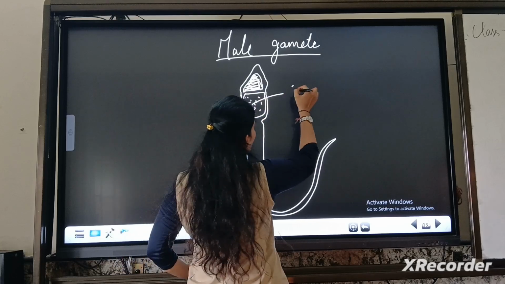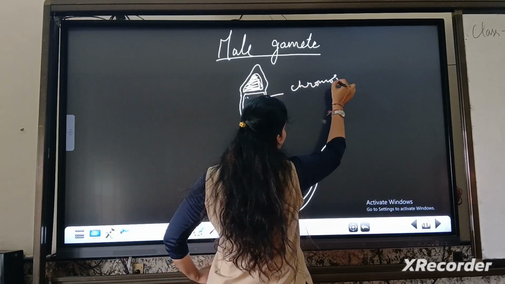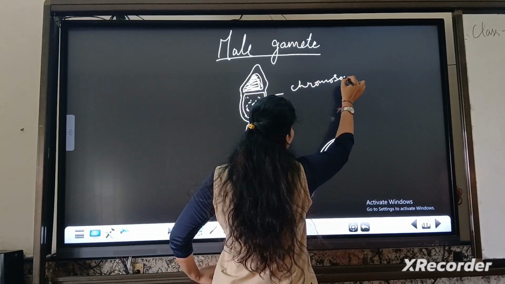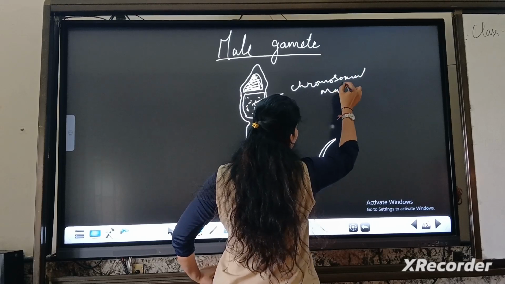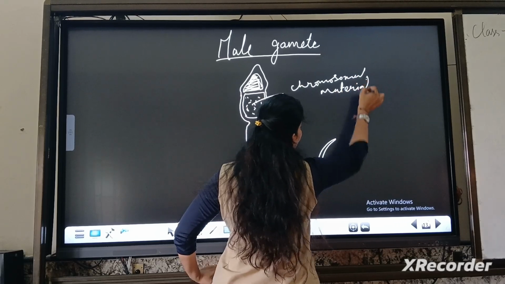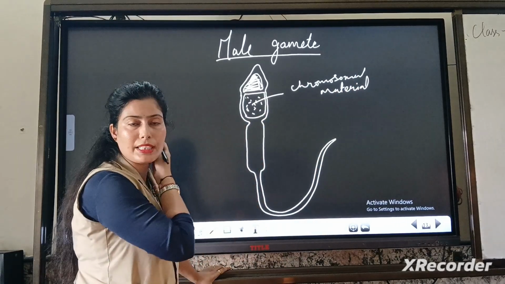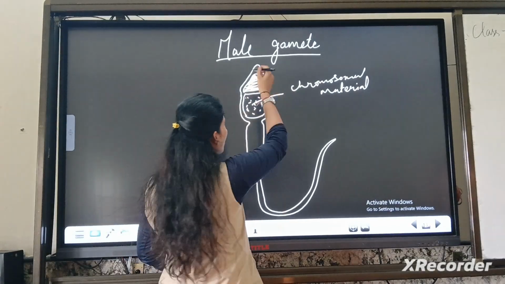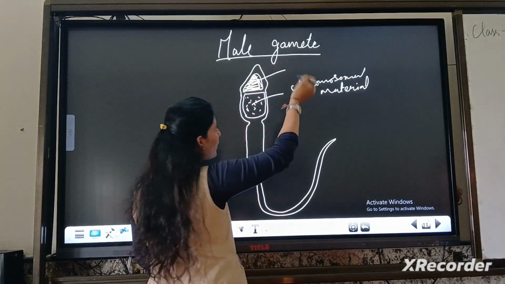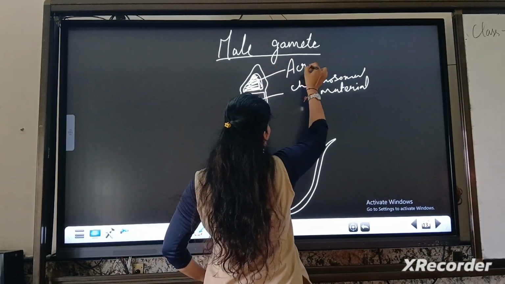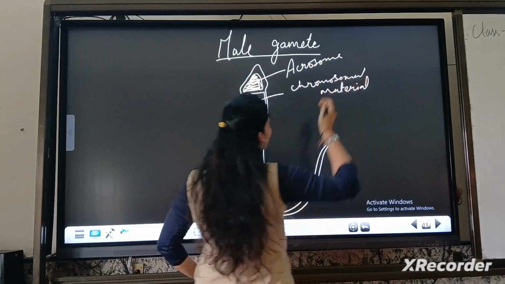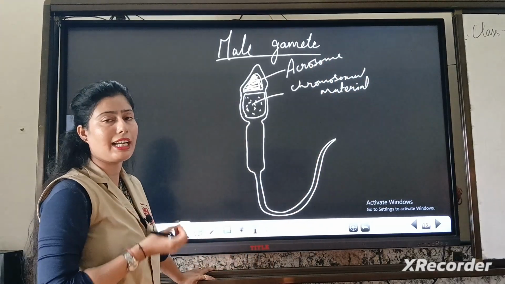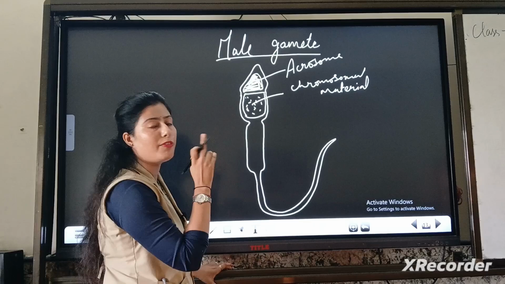This is the chromosomal material which is present in the head, and at the top there is an acrosome. The acrosome contains an enzyme which helps at the time of fertilization.